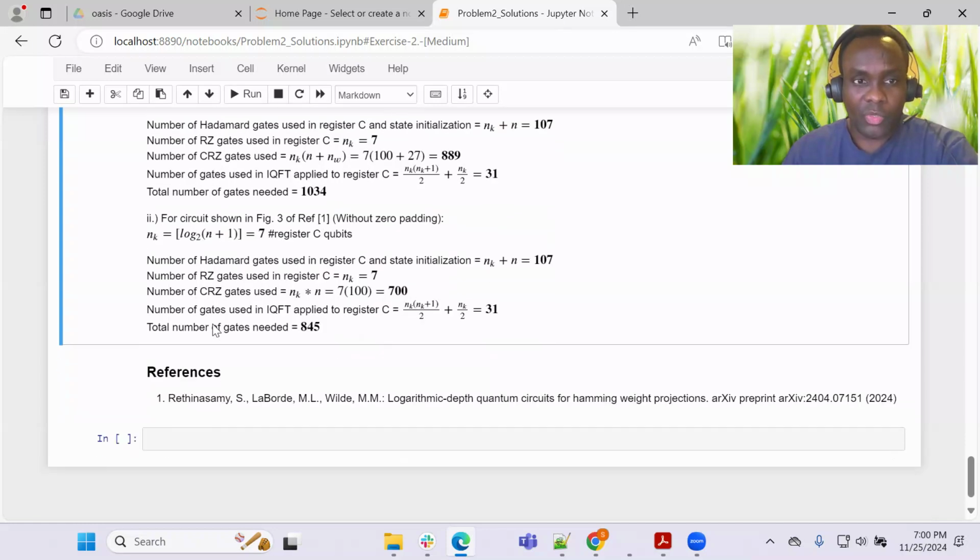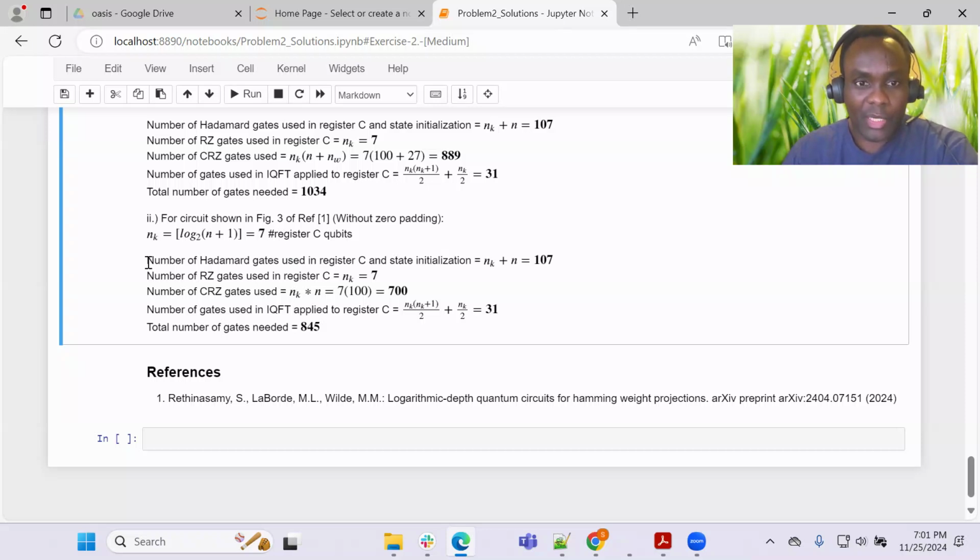Now, moving on to part 2. For the circuit shown in figure 3 of the reference, this is the one without zero padding. So this is more efficient. The makeup of the two circuits is almost similar, except for the zero padding. So nk is the same, 7 as before, the number of qubits in the register C, which is the measurement register.